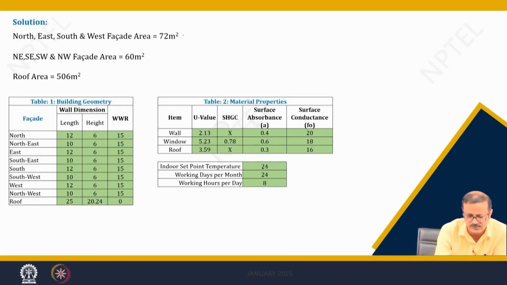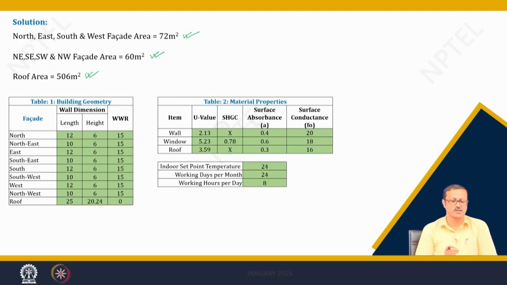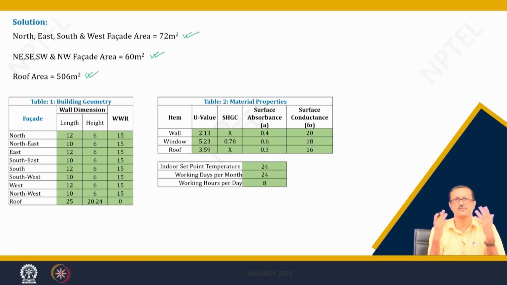The facade area is 72 meter square, the northeast and those 4 walls are 60 meter square, and the roof area I have calculated from this geometrical shape as 506 meter square. Of course, the roof is very large compared to the other walls. U value and SHGC values are constant for all the facades, including the roof and walls.